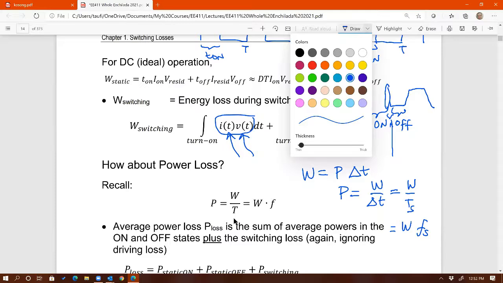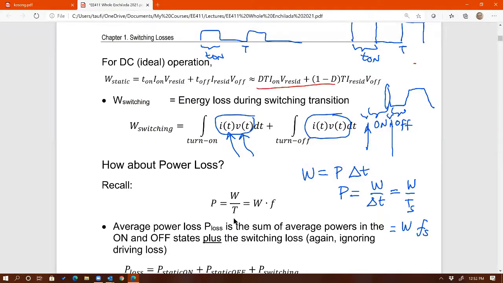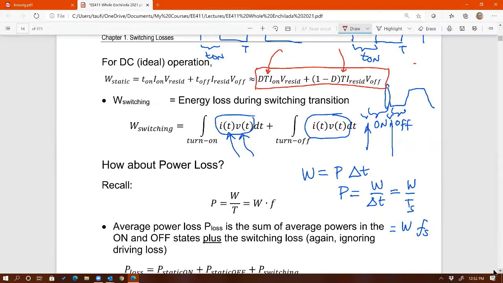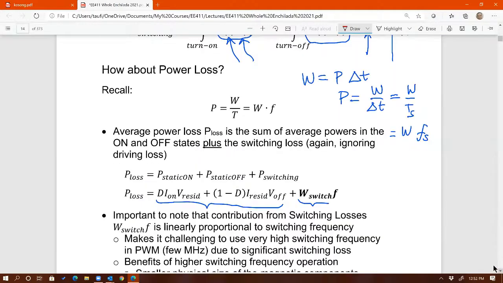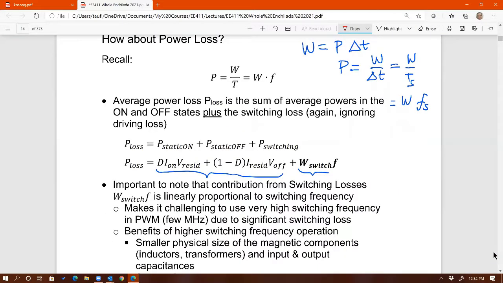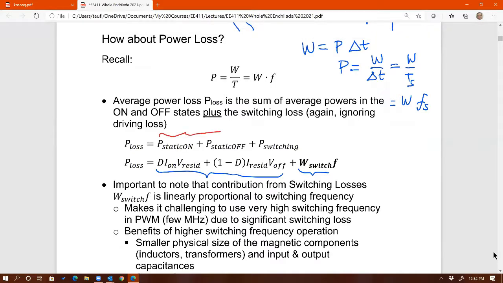Let me use red. So that's the equation that I'm using for W static, right? And then there's a T for on, and there's another T period for off, right? So if I rewrite that equation here, you're going to have T right here and T right there, yes?